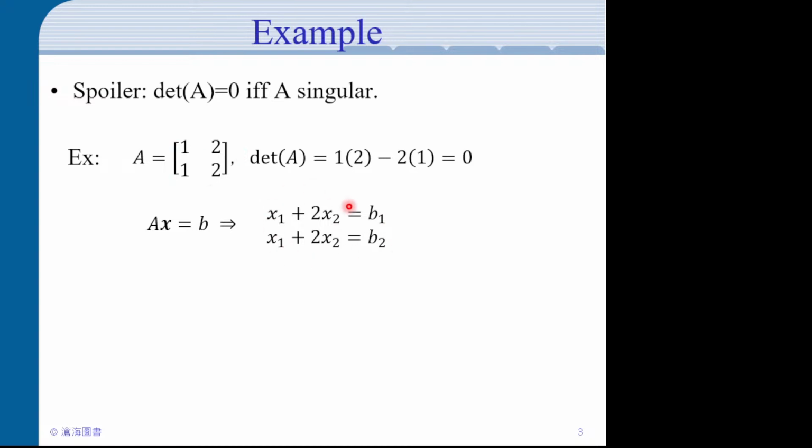So you have either infinite solutions, or b1 not equal to b2 and you have no solution. Or for our definition, if you say b equals 0, then you always have infinite solutions because you have two same equations.